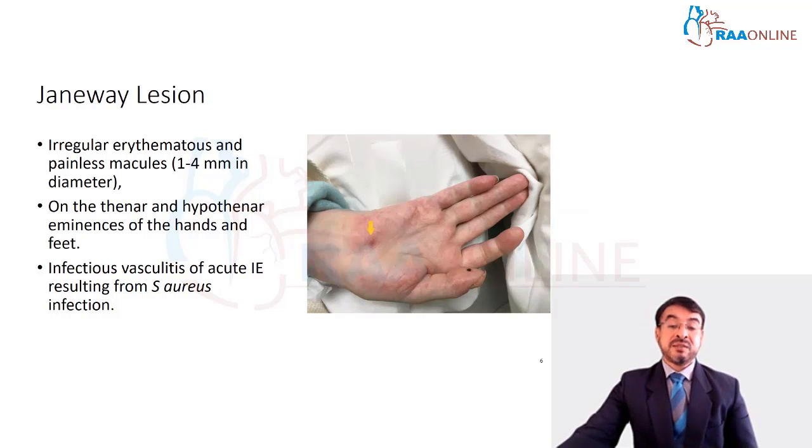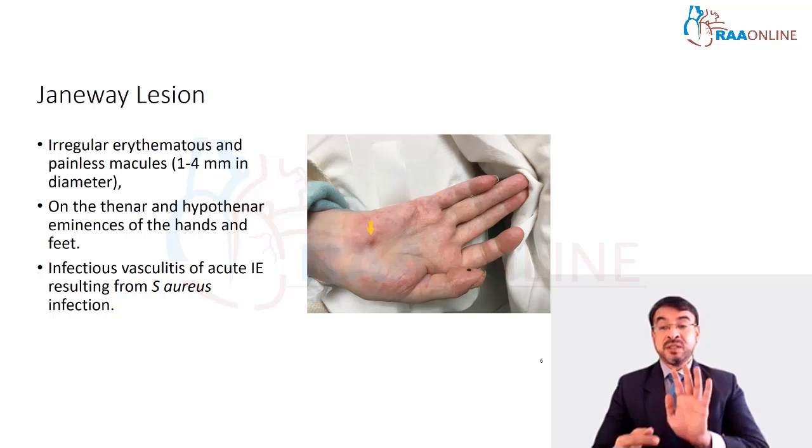These are painless and flat. And these are also because of infectious vasculitis, usually related to Staphylococcus aureus infection. So remember to distinguish between Osler's node and Janeway's lesions. Look at my hand. Osler's nodes occur here and here. Janeway's lesions occur here.